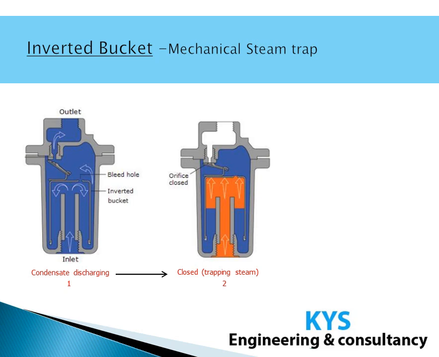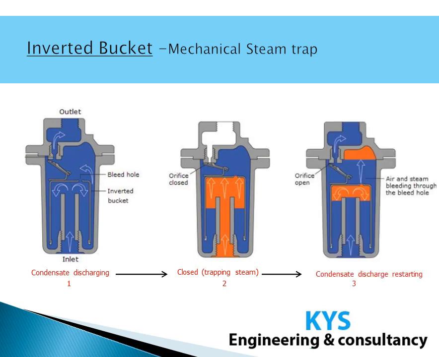The trap remains closed until the steam in the bucket has condensed or bubbled through the bleed hole to the top of the trap body. The bucket will then come down and open the valve to discharge the accumulated condensate, and the cycle gets repeated.